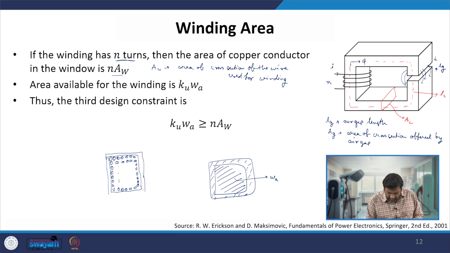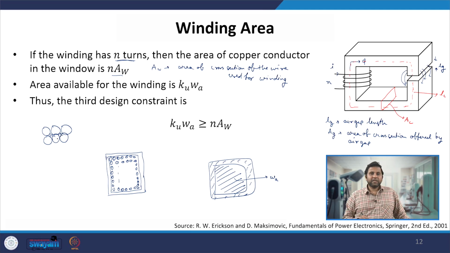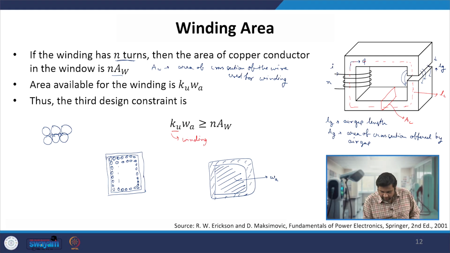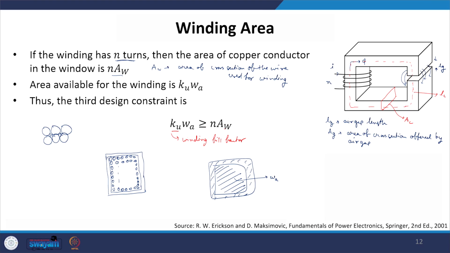This is our core, and in this entire area we are putting all our windings. Since we are using circular conductors, even if they are placed near each other, there is an area which is not consumed. So only a portion of the window area can be used, and that is when we get this term called the winding fill factor, and which is greater than or equal to N Aw.